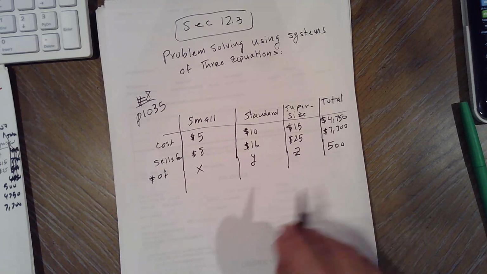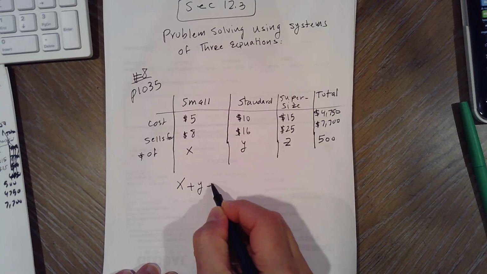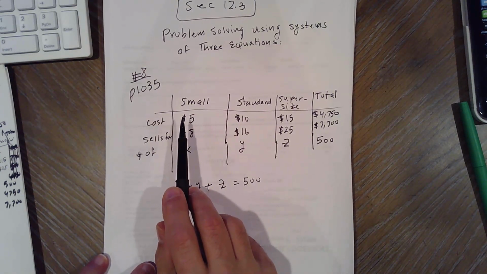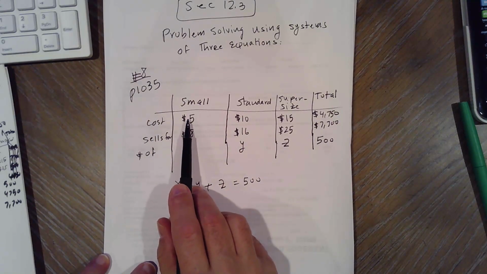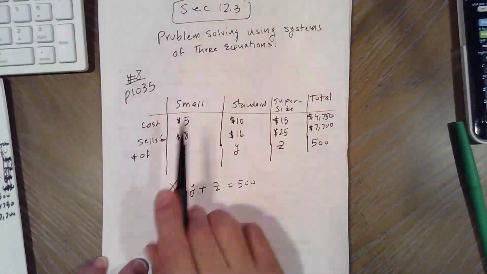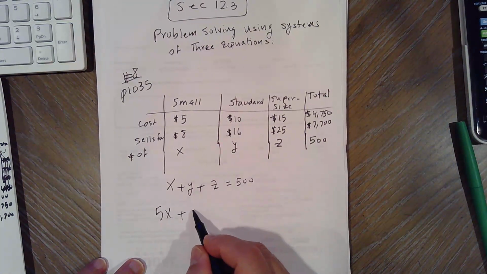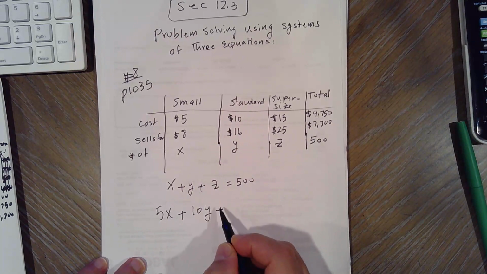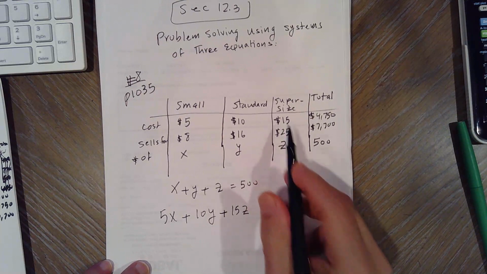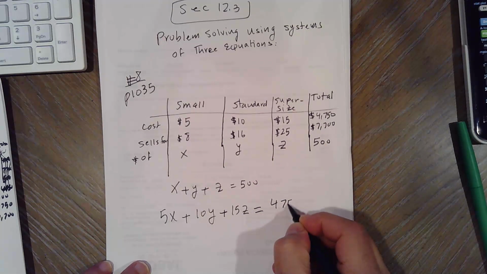So we have three equations right there. x plus y plus z equals 500. If it costs $5 to make one small puppet, it's going to cost 5x to make all the x of them, plus 10y to make all the standard, and then 15z to make all the supersized puppets, and the total cost is $4,750.